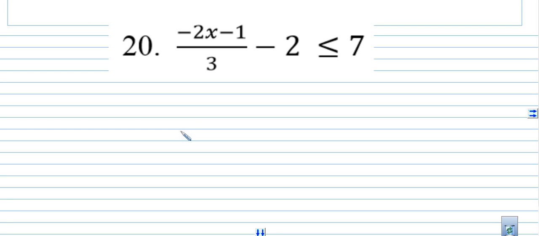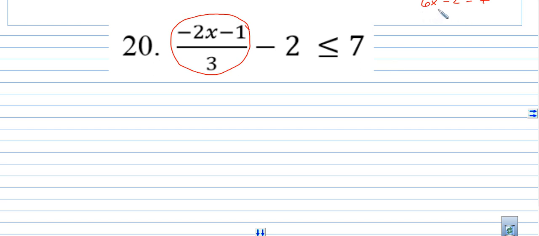So if you want to know what my variable term is, right now this is one term, because all of this is over the fraction bar, and then it's separated by a subtraction sign from the 2. So this is very much the same as 6x minus 2 equals 7.